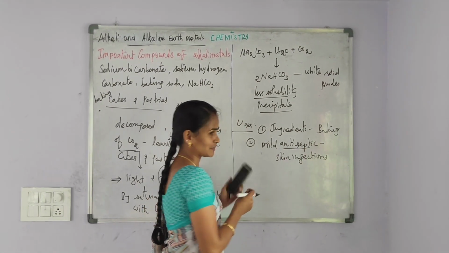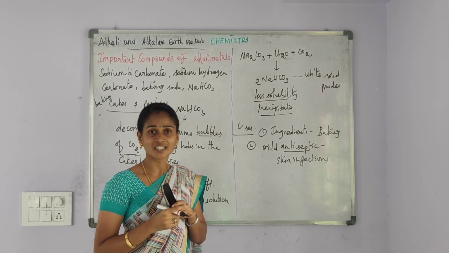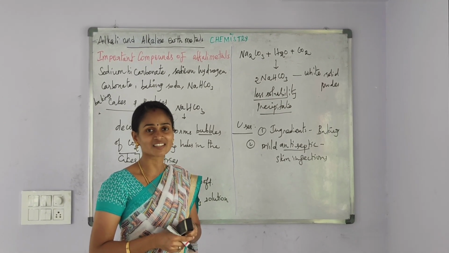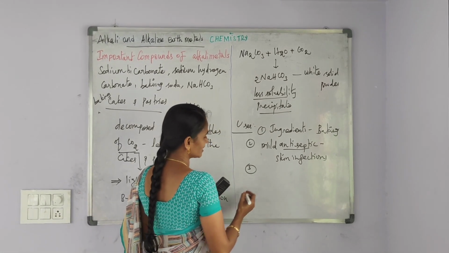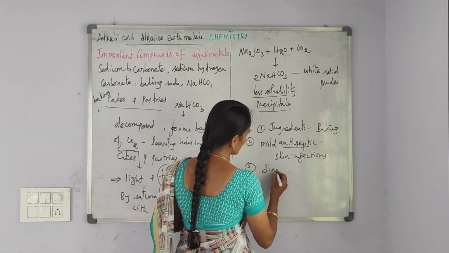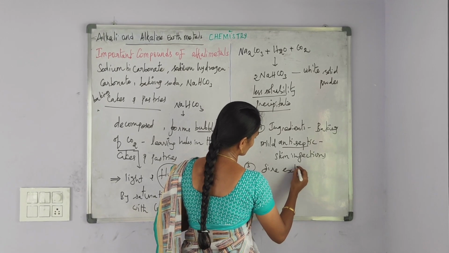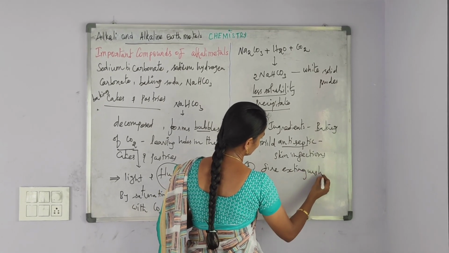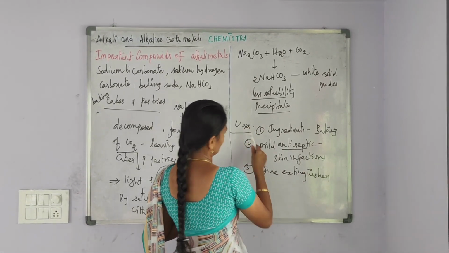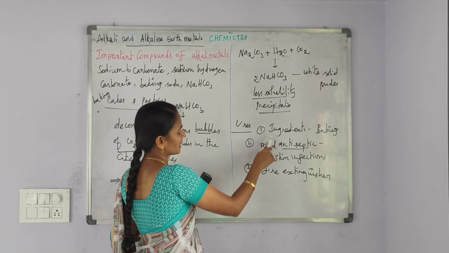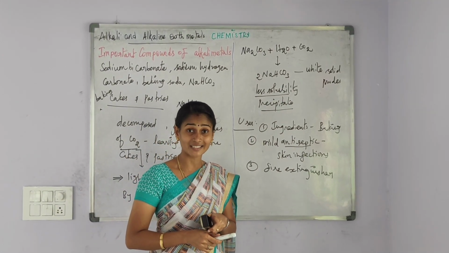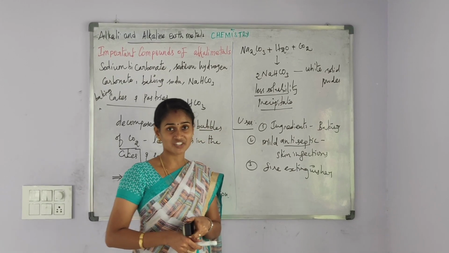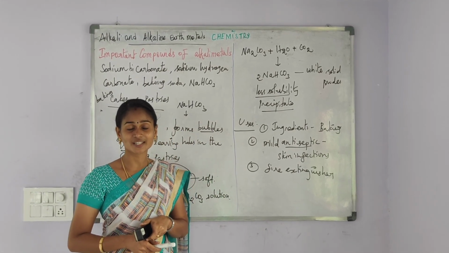An antiseptic is a substance that prevents the growth of disease-causing microorganisms. And the third one, it is used in fire extinguishers.